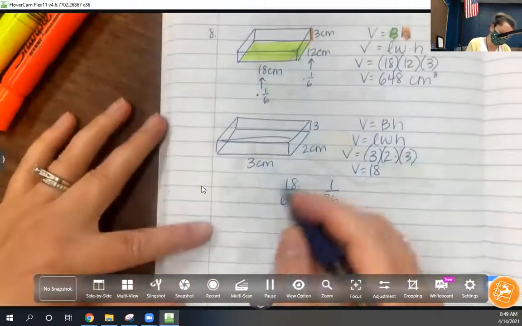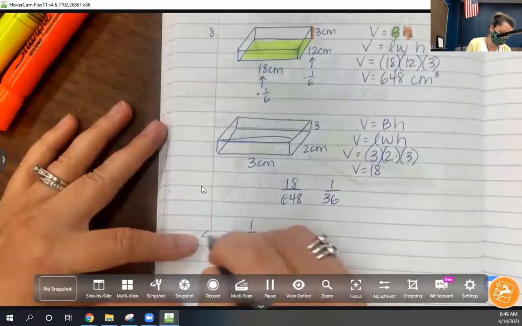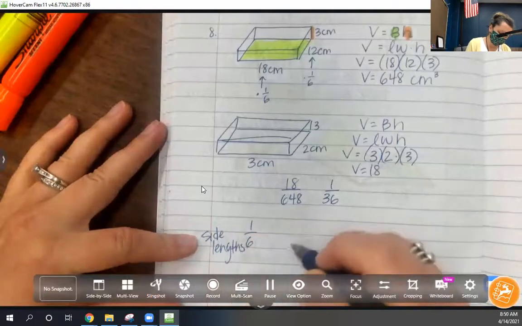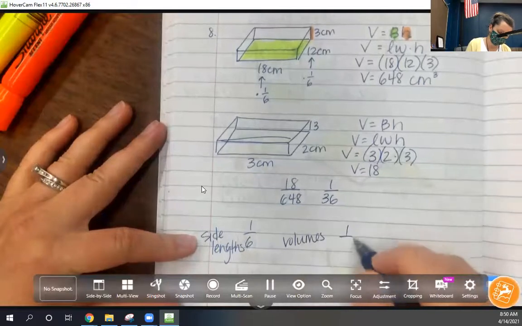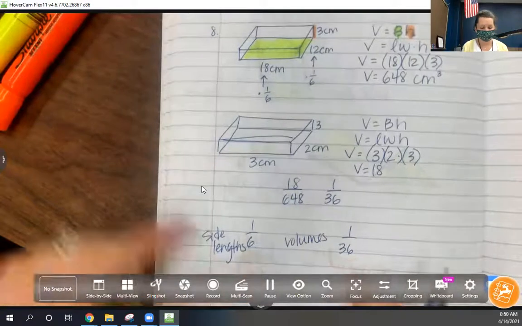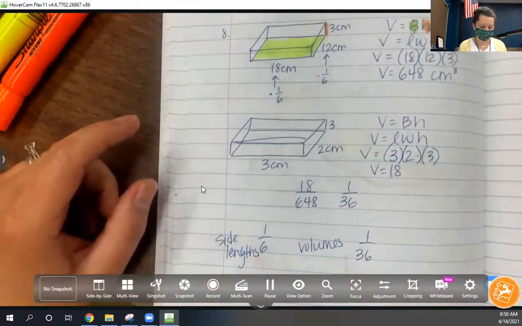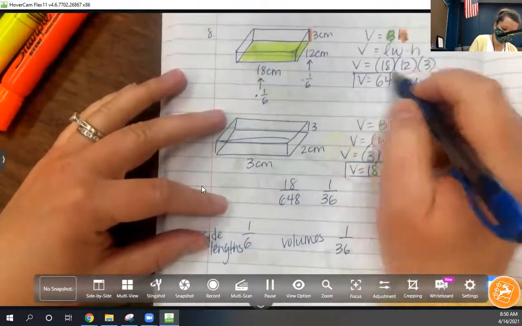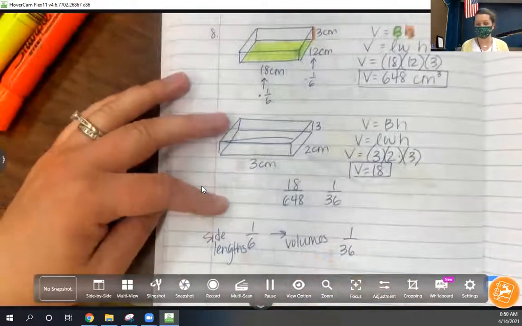So look at this. The side lengths are in a ratio of 1/6. And the volumes are in a ratio of 1/36. So squared. Very interesting, right? All right, so that was that question on number 8. The change went from 1 to 1/6 to 1/36.